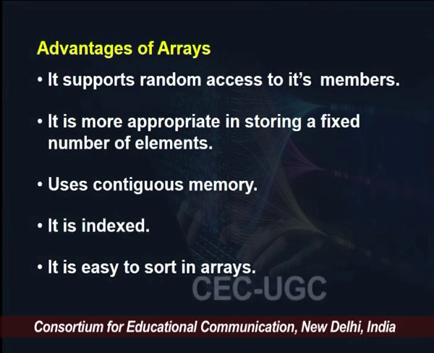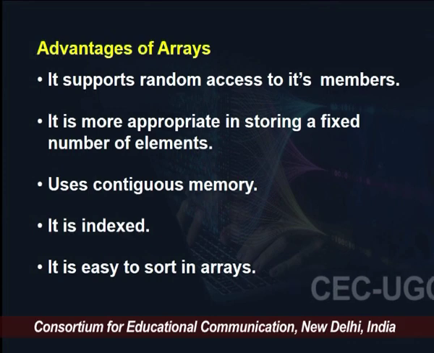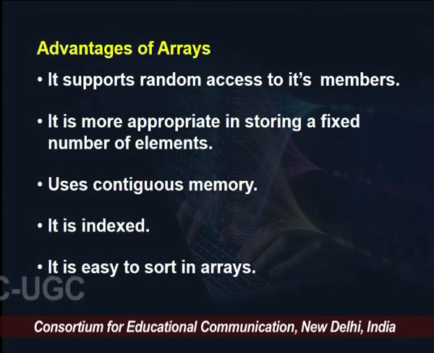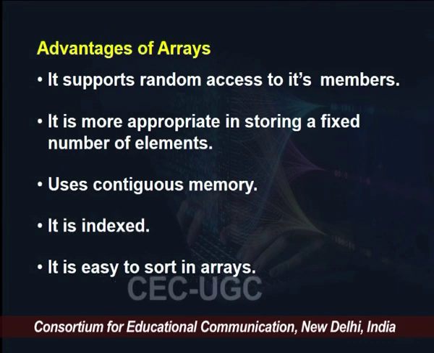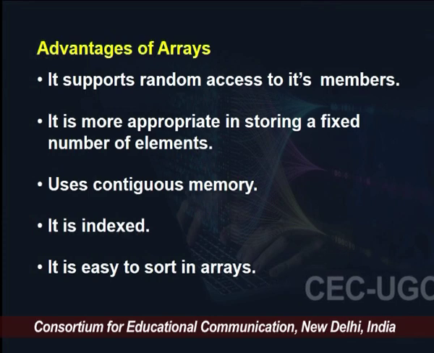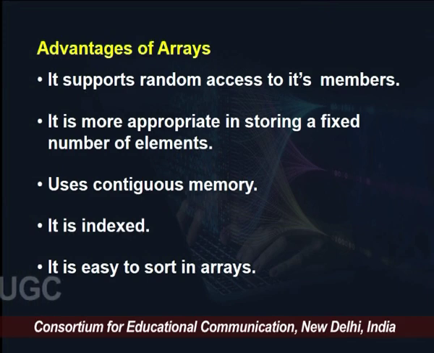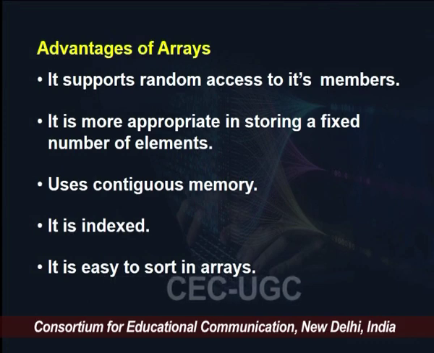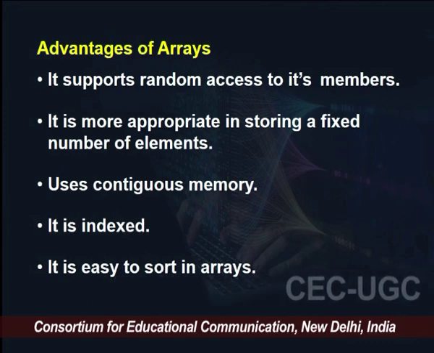So it is more appropriate when there is a fixed number of elements. Also, an array always uses continuous memory. It is an indexed data type that uses indexes to support random access to its members, and it is easy to sort arrays.